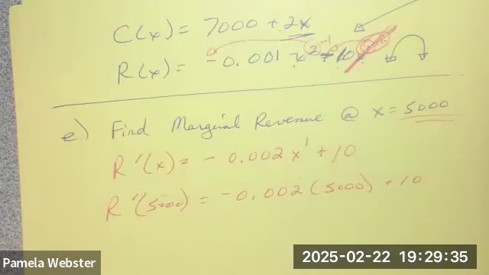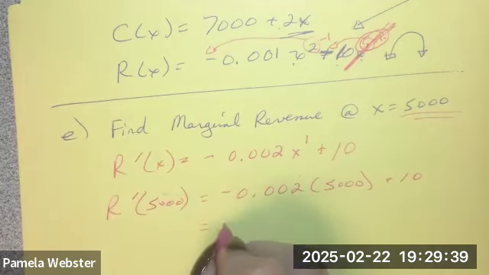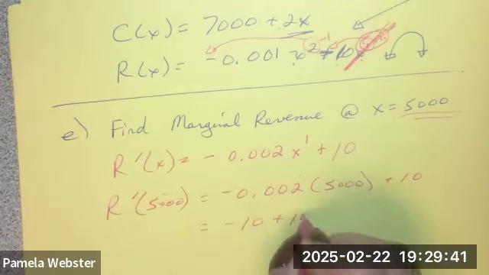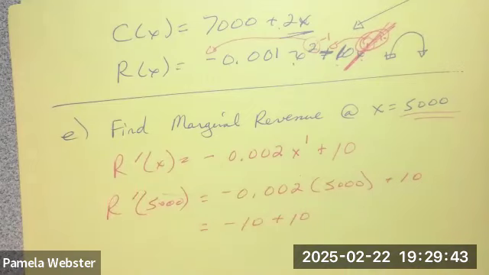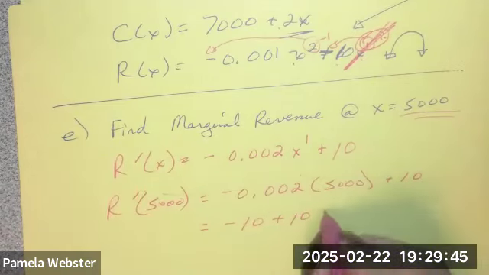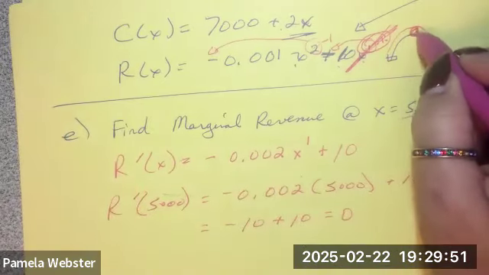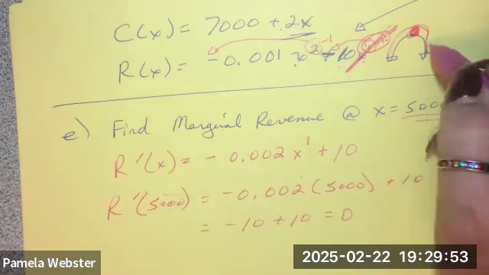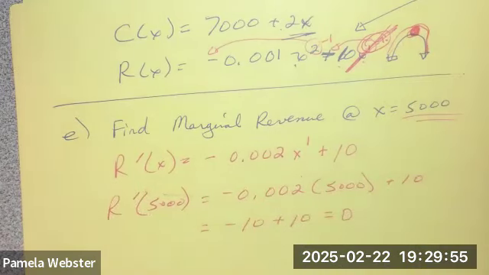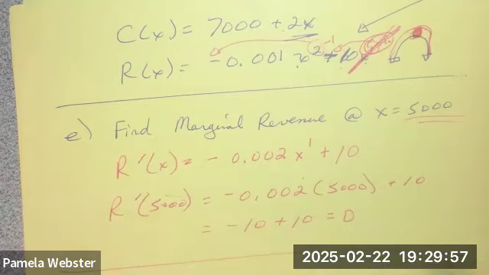So what that means is the revenue I'll make for the next guy was negative 10 plus 10. It was 0. So that was where that revenue maxes out here, and it turned around and started coming back down. That's exactly what's happening there.